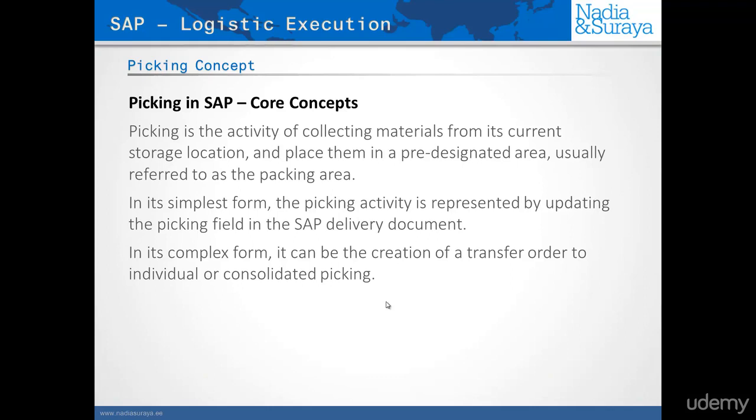So the field picking, you just update the quantity. In the more complex form, the picking can be done by creating a transfer order. We can create an individual transfer order per material, or we can consolidate all of the picking into one transfer order.